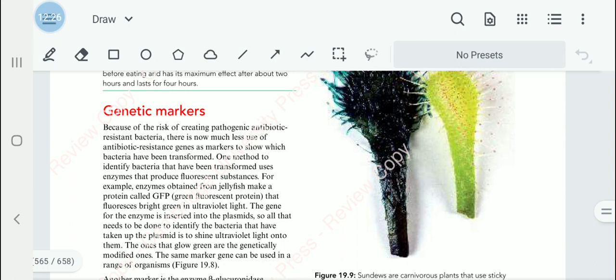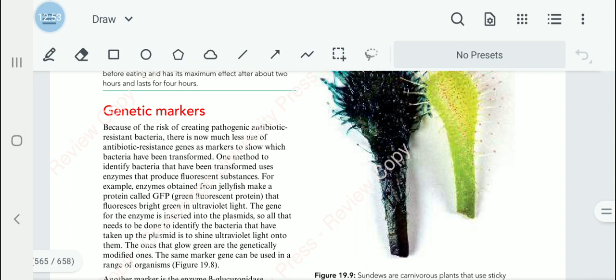Instead, enzymes that produce fluorescent substances are used.